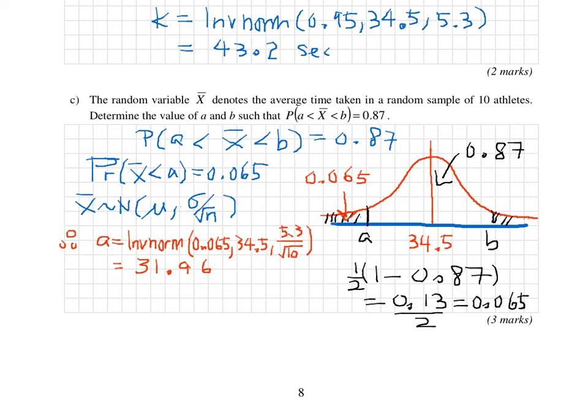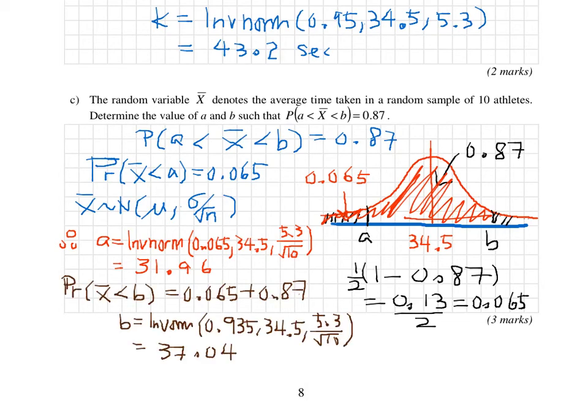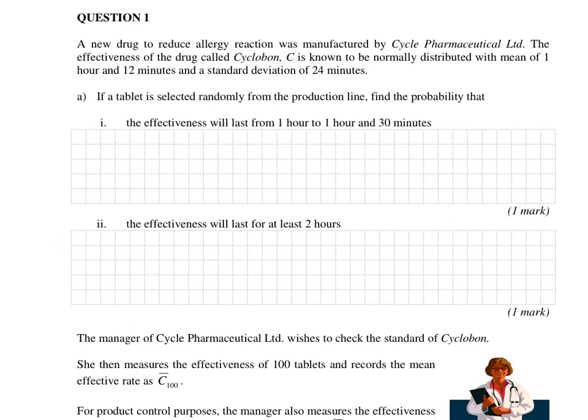Employing a similar idea, this time we use this whole area right here, all the way until before B. The area of this is 0.065 and here is 0.87, so the total area is 0.935, and calculating the inverse normal, you get B equal to 37.04.